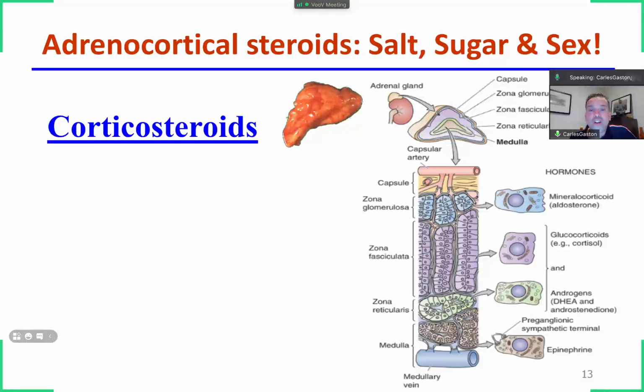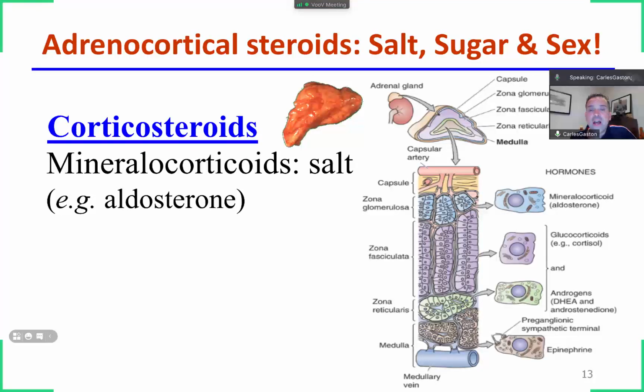So corticosteroids are produced by the adrenal, and the mineralocorticoids are important through aldosterone with the salt balance. Okay, so very, very important.